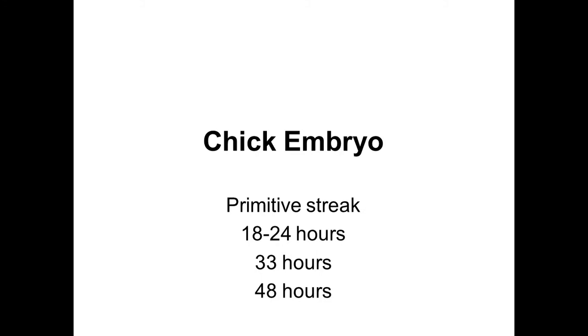Two important axes can be distinguished in the early developmental stages of the chicken embryo. The first one is the dorsoventral axis.